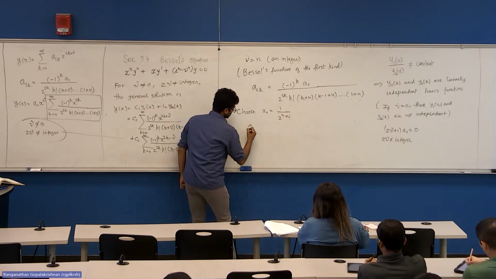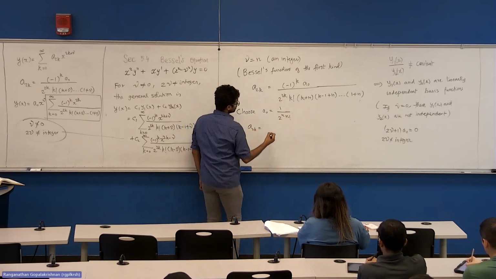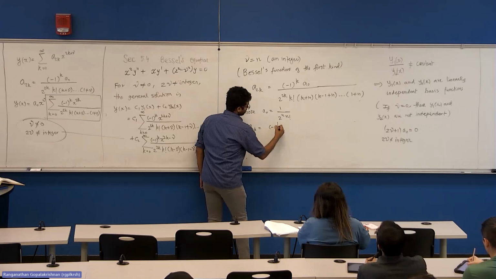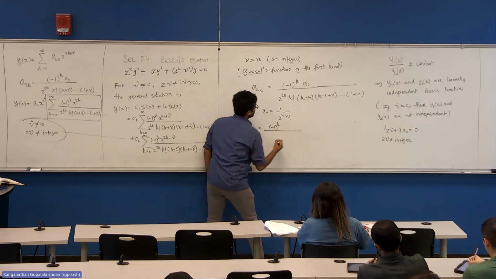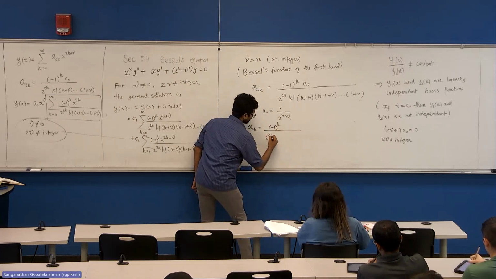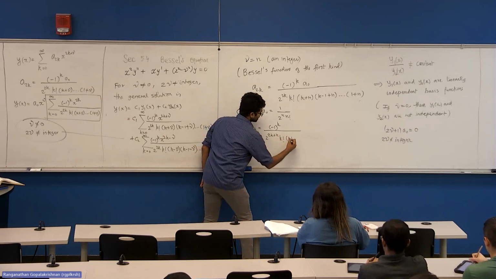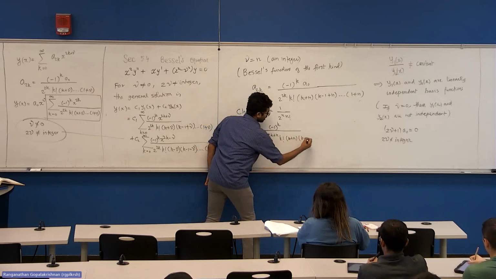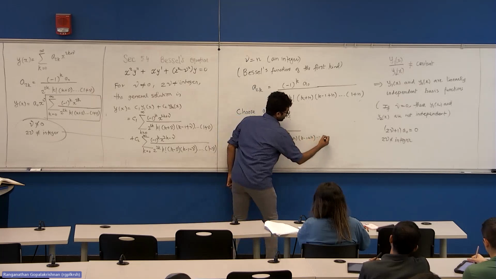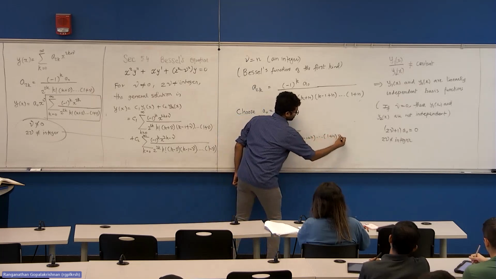If you do that, I'm going to write it and then ask you, this becomes (minus 1) power k divided by 2 power 2k plus n k factorial (k plus n)(k minus 1 plus n) and so on up to (1 plus n) times n factorial.